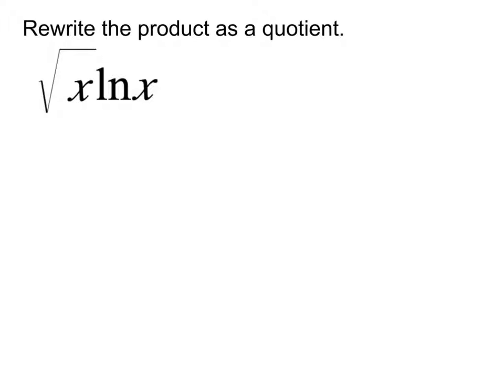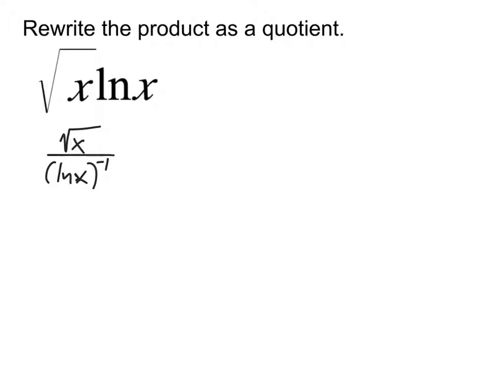All right, now let's take a look. How would we find this as a quotient? Again, in this case, it's not necessarily clear-cut at the start which way we'd want to write this as a quotient. We've got a couple of different options. One is we could put the natural log of x on the bottom. If we did that, that would give me the square root of x over the natural log of x to the power of negative 1.